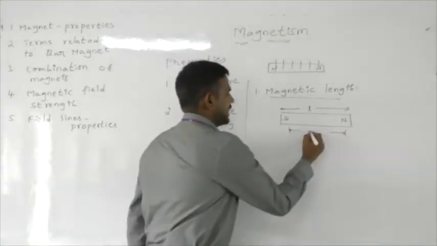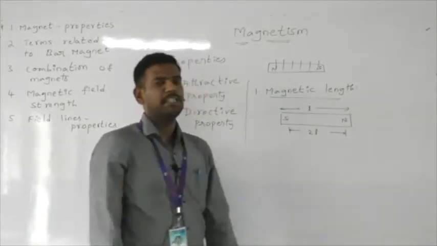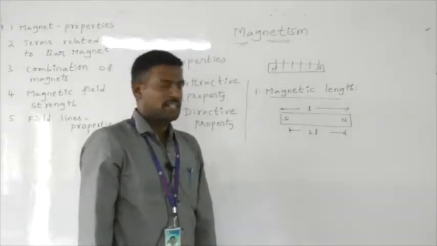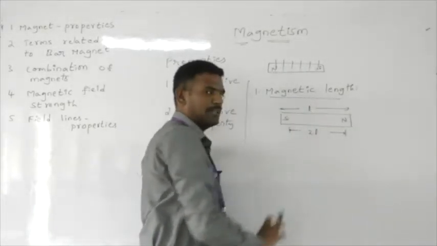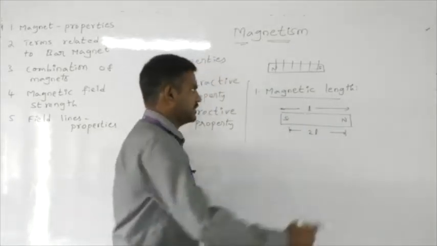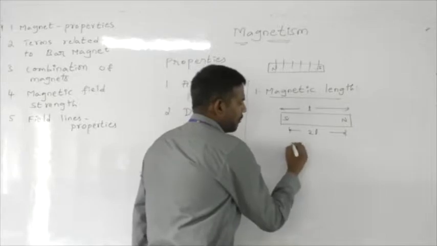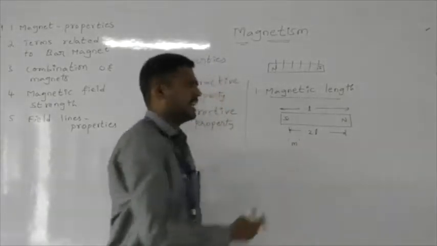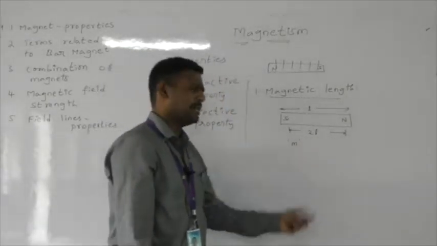Conventionally it is represented as 2L. It doesn't mean that it's double the length. No. Conventionally, if L is the geometrical length, the magnetic length is denoted by 2L, and its unit is meters.